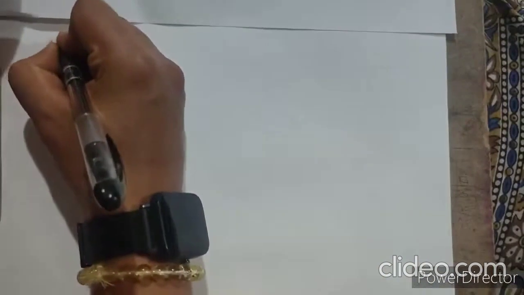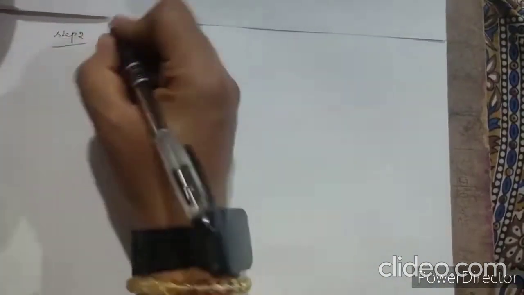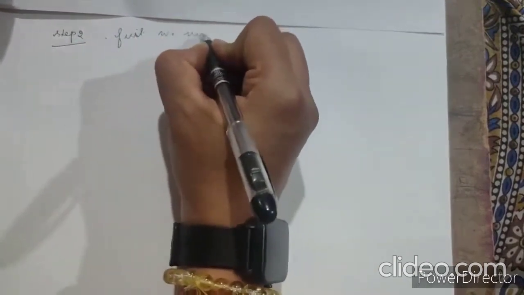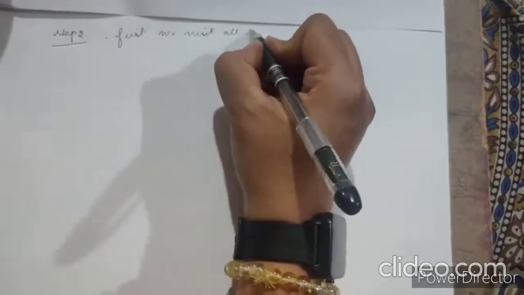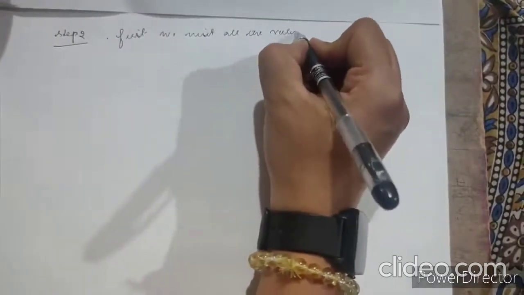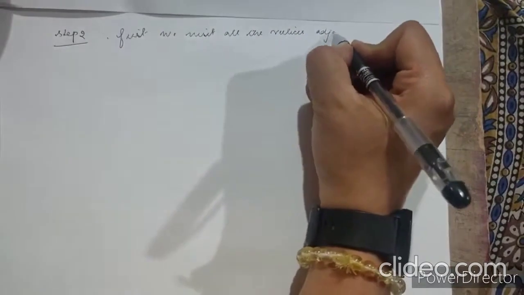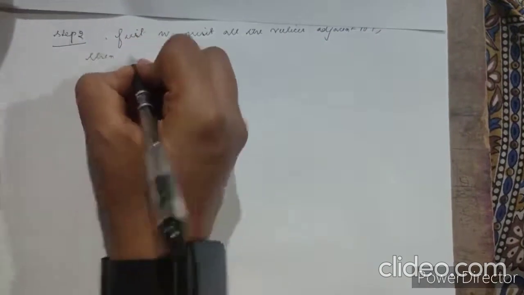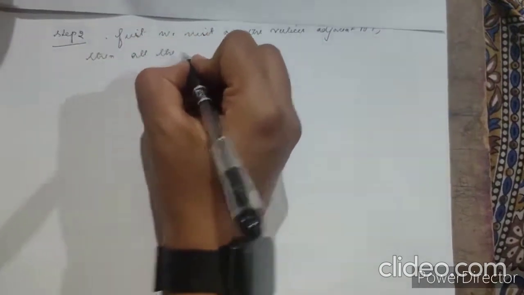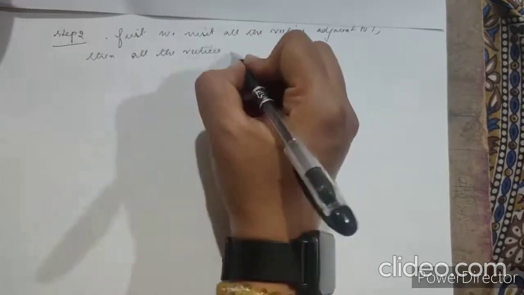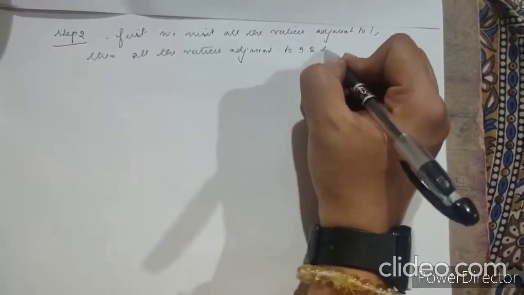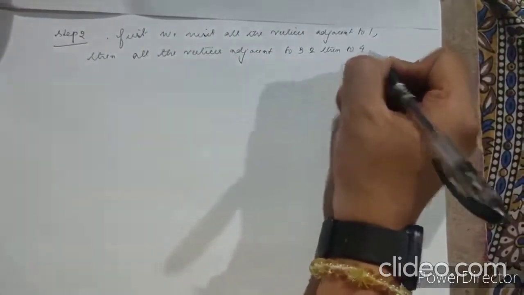Next point, step number 2: first we visit all the vertices adjacent to 1, then all the vertices adjacent to 3, and then to 4.